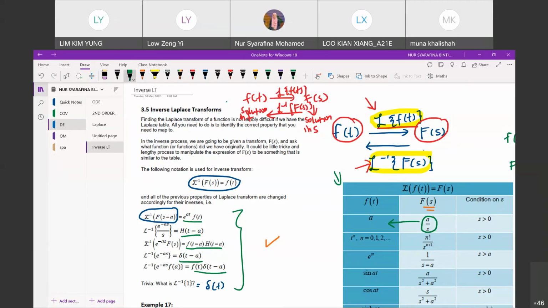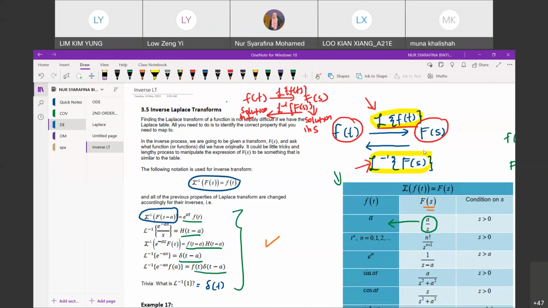Basically from the table of transformation or from the types of function itself. The types of function which you have learned previously are the unit step function, the Dirac delta function, and then all the properties. All of those things are going to be used in order for you to understand how to inverse transform.